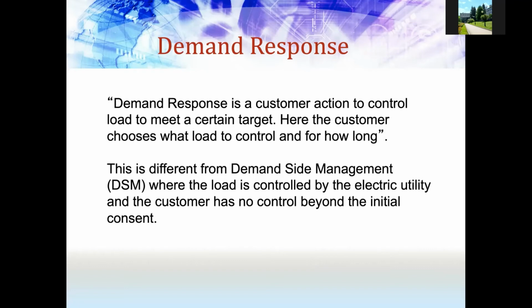This happens today in the US. On a hot summer day, if the customer has allowed the utility to control their air conditioner, the power company will control them, meaning turn them off. It's hot outside, AC turned off, not very comfortable. So I prefer demand response, not demand side management, but demand response needs more technology.